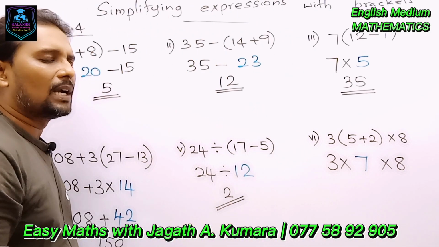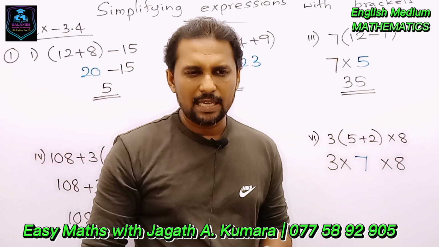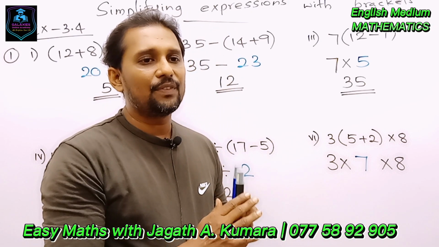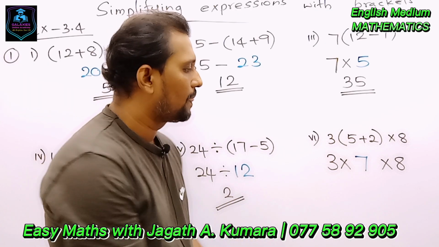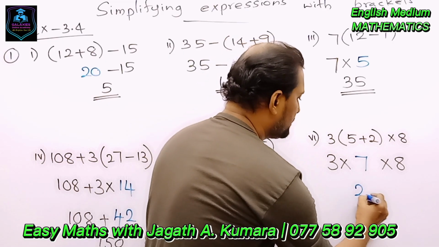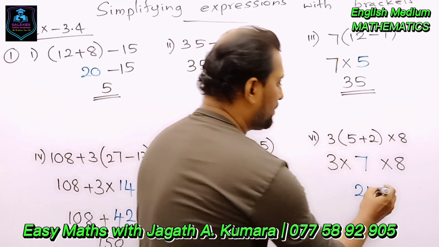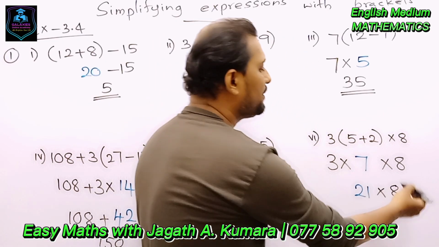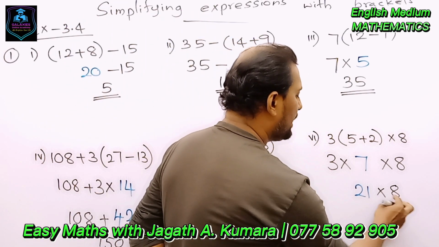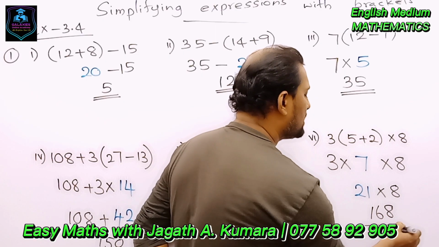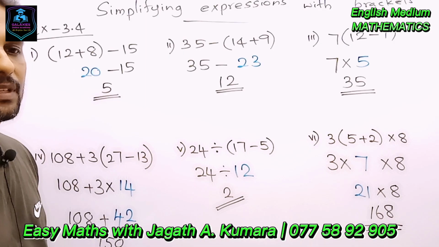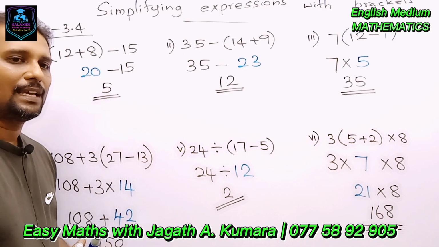Then there are two multiplications, the same type of mathematical operations, so you have to simplify from left to right. 7 multiply 3 is 21. 21 multiply 8: 8 times 1 is 8, 8 times 2 is 16. The answer is 168.